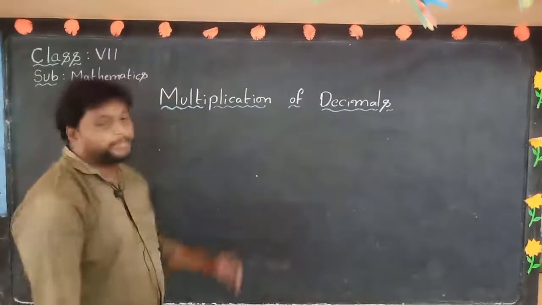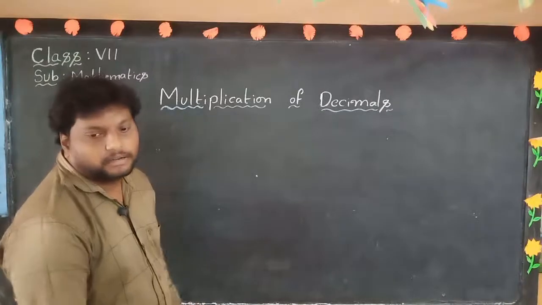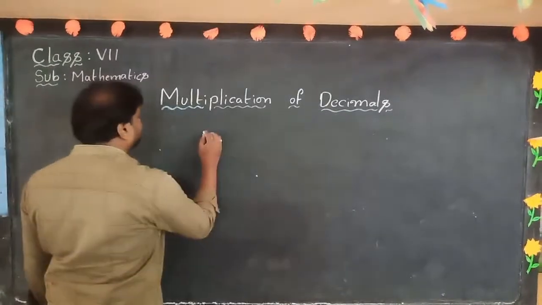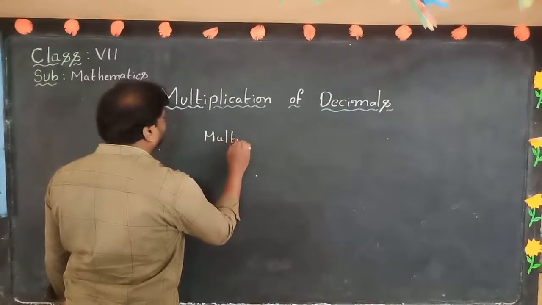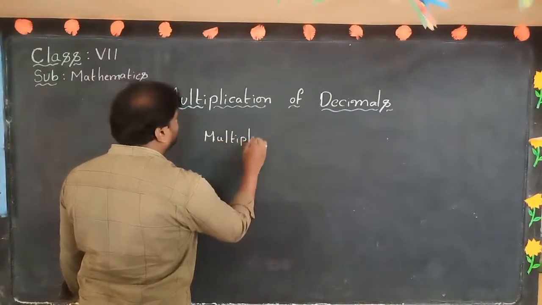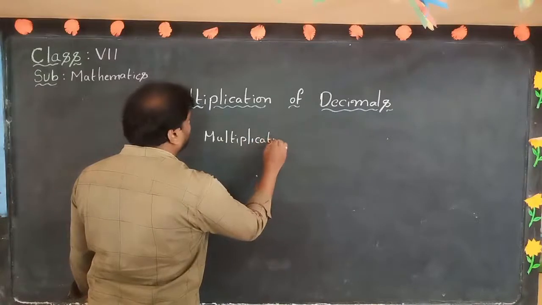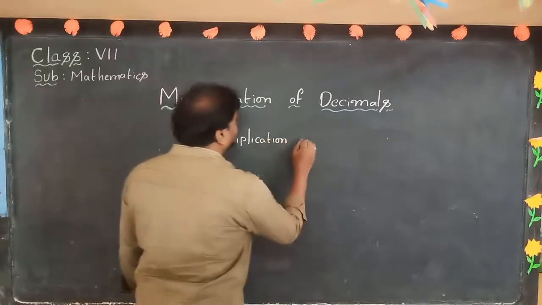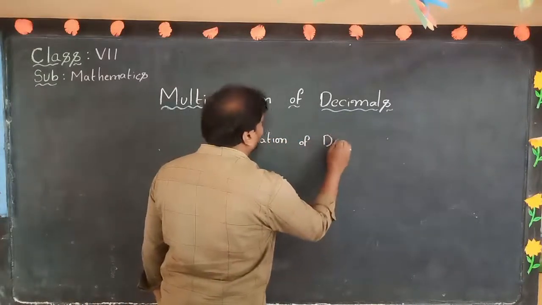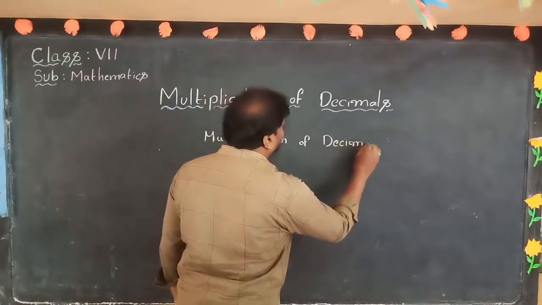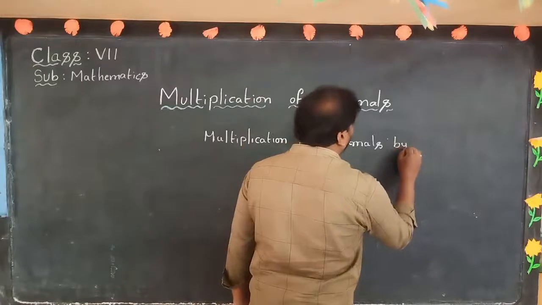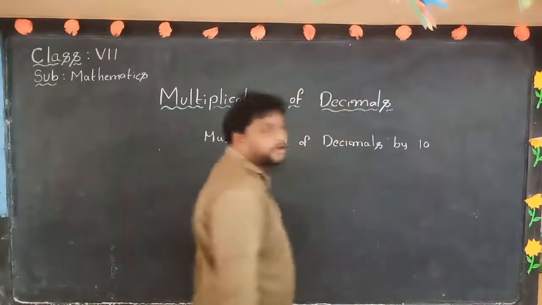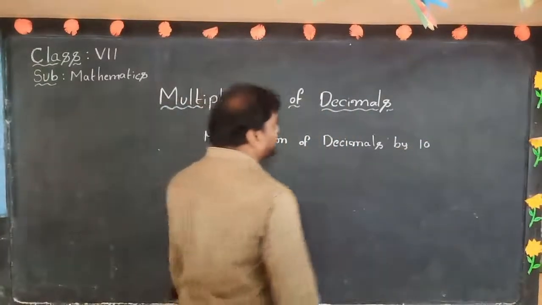Next, multiplication of decimals by 10, 100 and 1000.